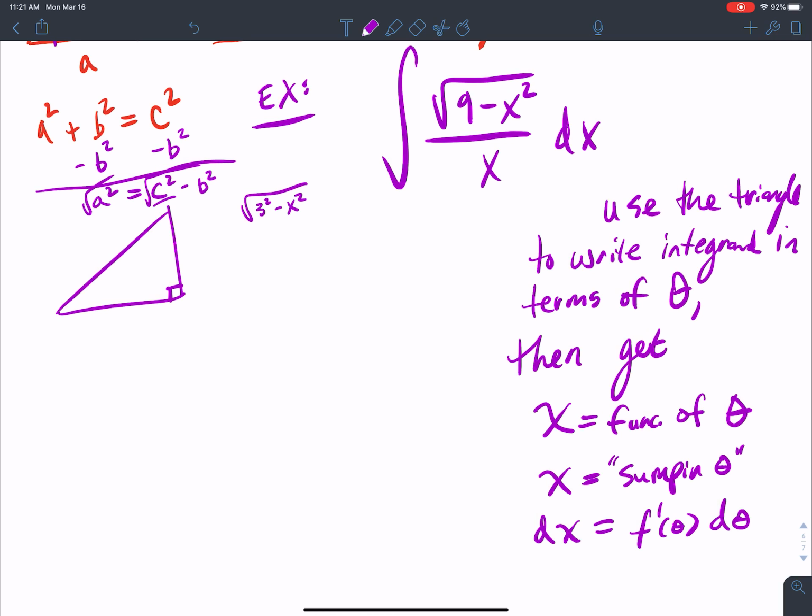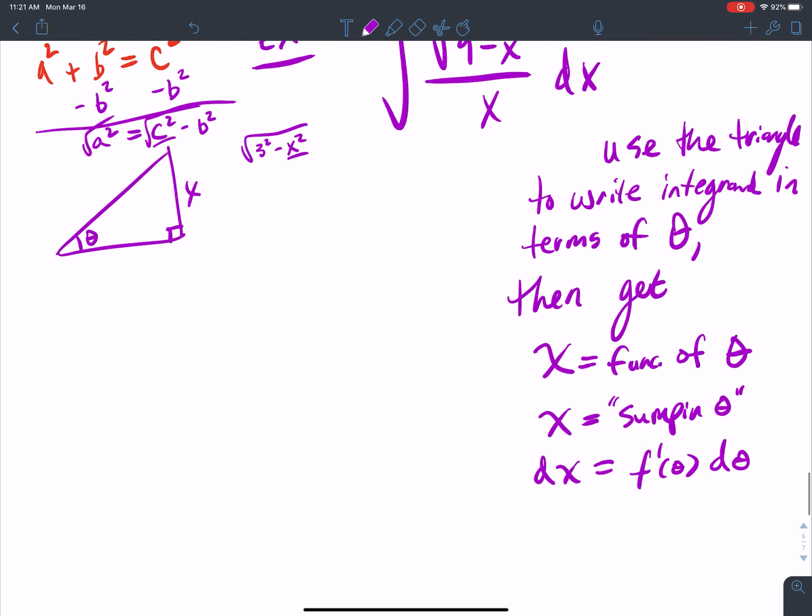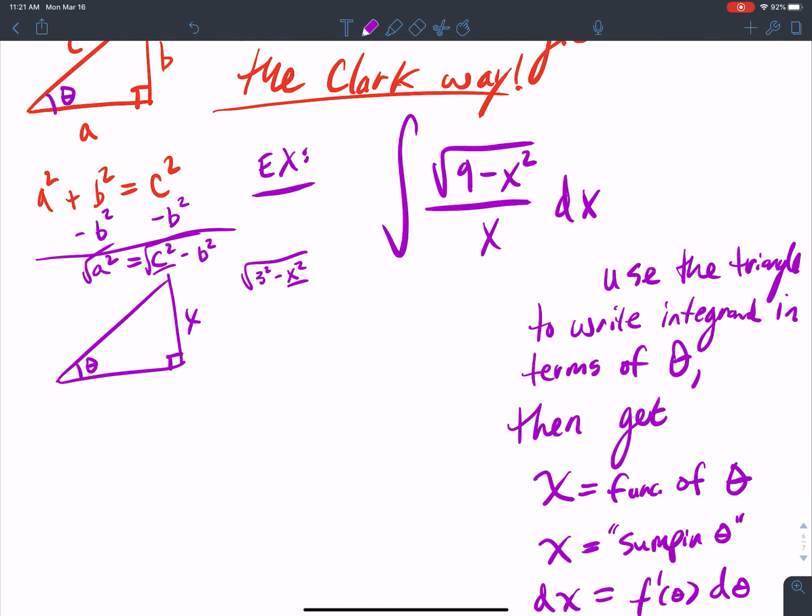So that's a leg. Maybe my leg would be x, and maybe this is theta. You can pick the opposite or the adjacent, it doesn't matter. It will still get us the same solution, except maybe using a different trig function, but these trig functions are related.